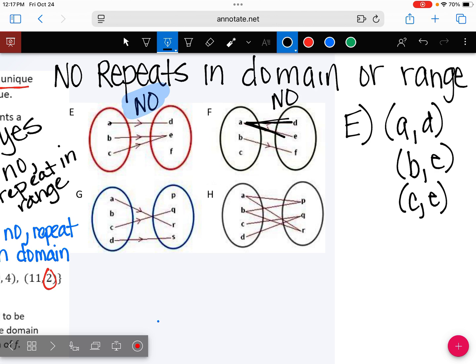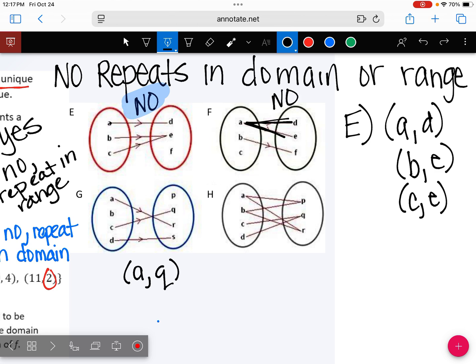Okay. So, where was I at? G. Do I have any repeats? See, every single value only has one line. So if I were to write G as a set of ordered pairs, it would be A, Q, because A connects, no it doesn't, it's A to R, I'm sorry.